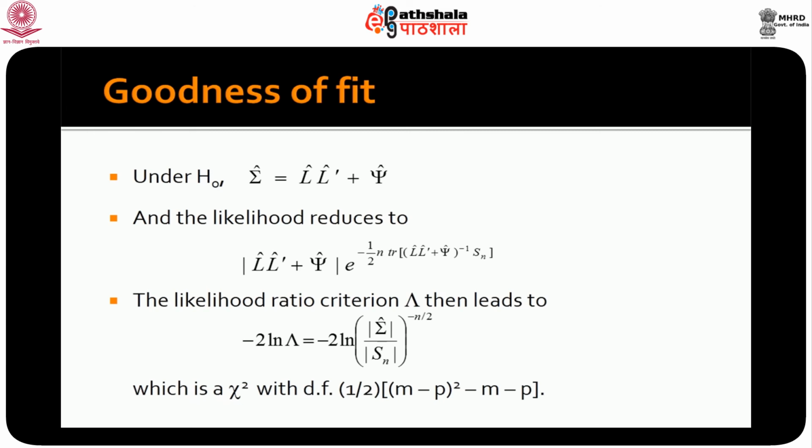And then we can do a chi-square test for this to judge whether the fit is good enough. There are some variations to this, but this is more or less a general result. In all cases, the variations also lead to the chi-square distribution, but with different degrees of freedom. But we can stick to this result as one of the ways to check whether the model that we have assumed is good enough for us.